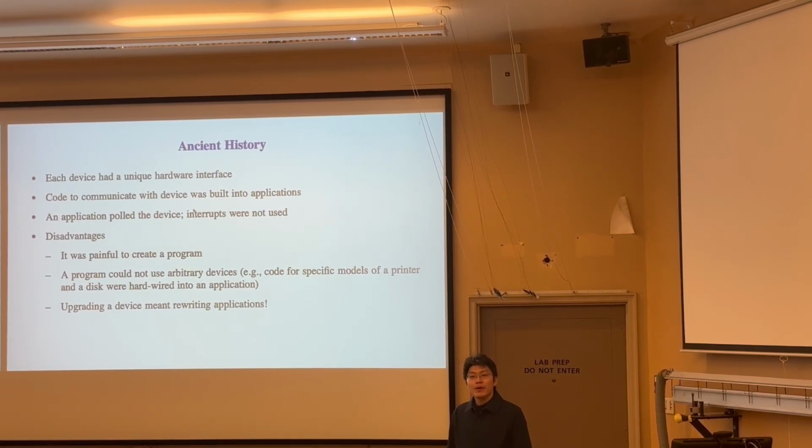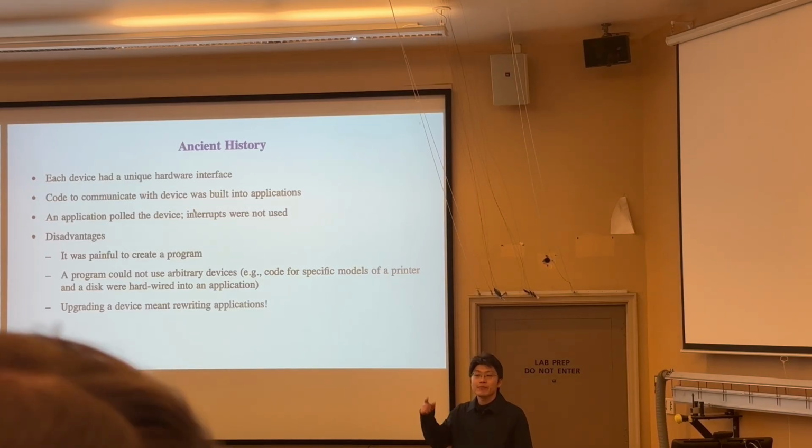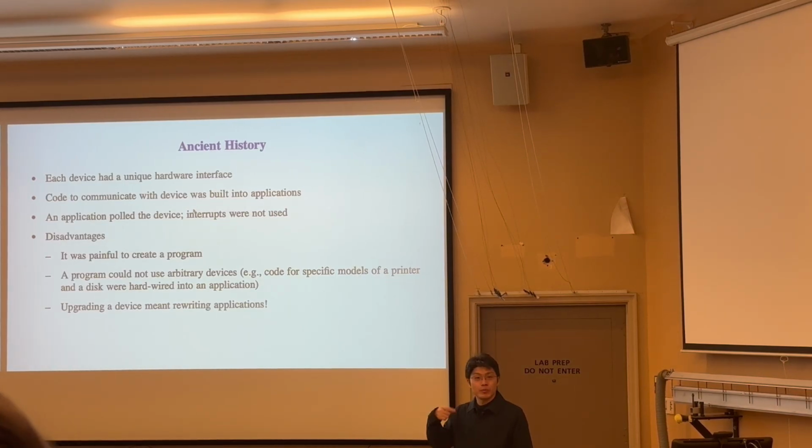So remember, in the early lecture we showed a simple simulator of CPU. The simple simulator of CPU is just a big while loop. In every iteration, you execute one program statement or instruction, and then you check whether there's any interrupt.